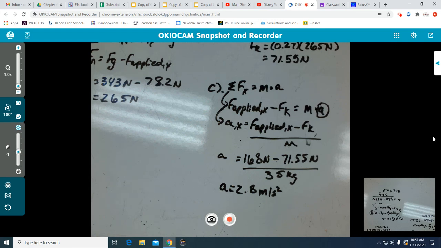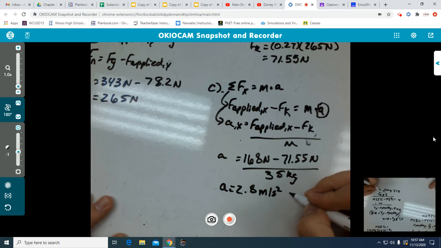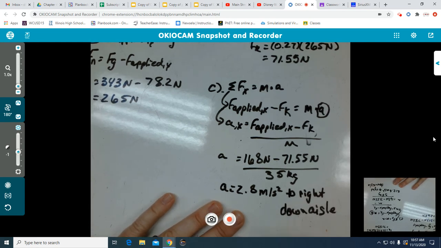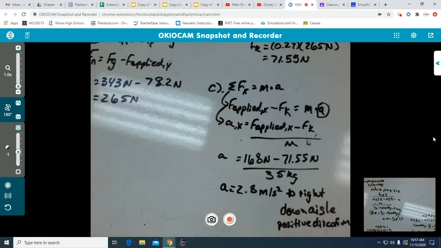We're not told they're going west or left or anything like that, so we could say to the right, or down the aisle, or even 2.8 meters per second squared in the positive direction. Any of those labels, which we have to have with this, would work just fine.